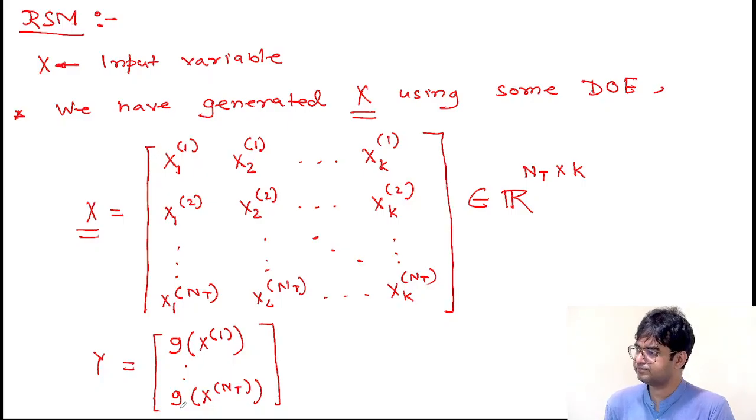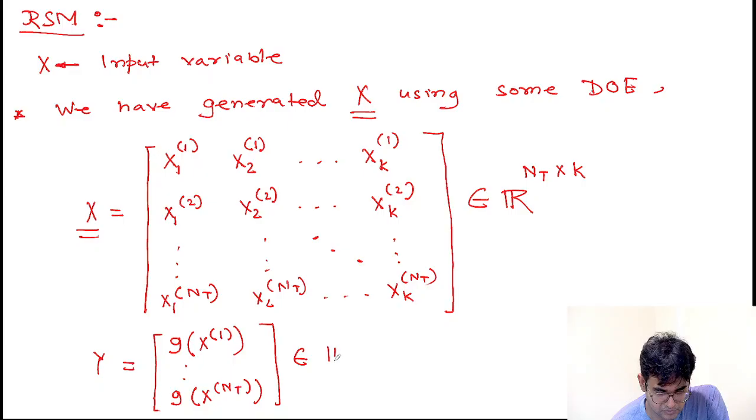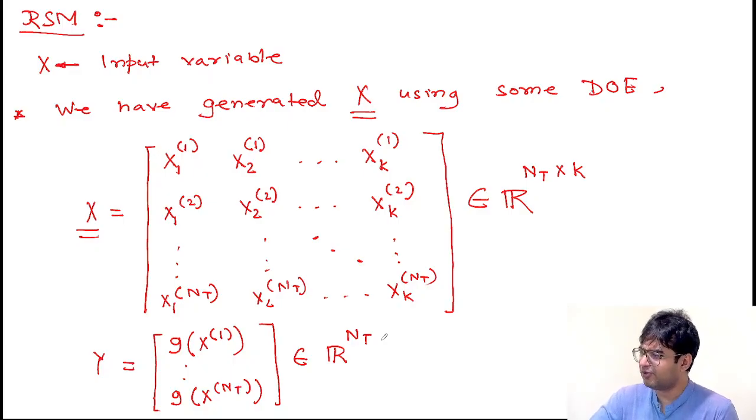This dimension is nt cross 1, and I will call it y1, y2, ynt, but y1 is nothing but g evaluated at the first sample. Keep that in mind.